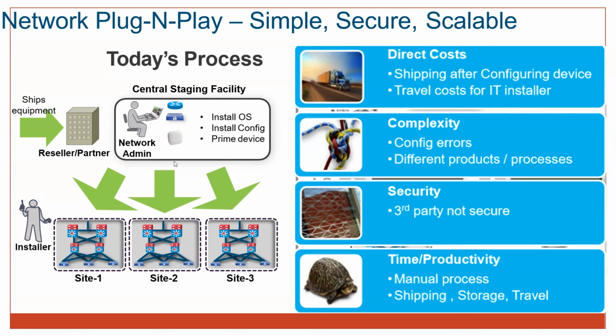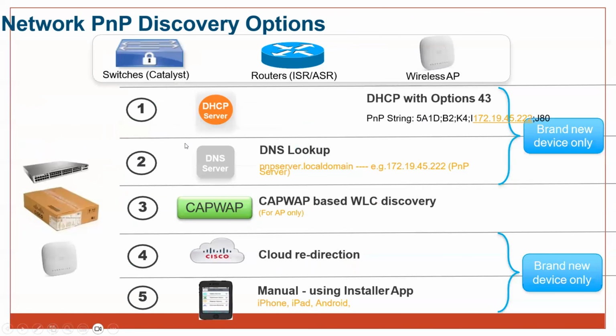But suppose you use plug and play, then what will happen? The vendor will directly send the device to the branch office, and then the branch engineers simply have to go and connect to the ISP. And that's it.